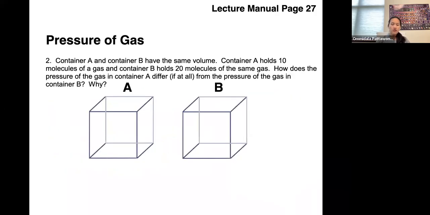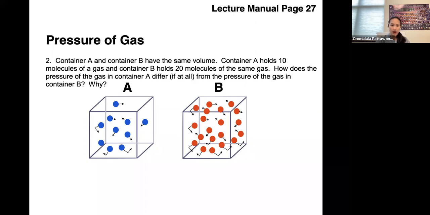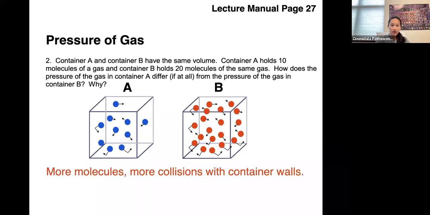If you're looking at the number of molecules of gas, let's say that we have the same volume of container A and B, but in container A we put fewer gas molecules, which is 10 molecules, and B would be 20. If you compare how many collisions are going to happen between A and B, clearly B has more molecules, therefore it's going to cause more collisions between gas molecules and the container walls.